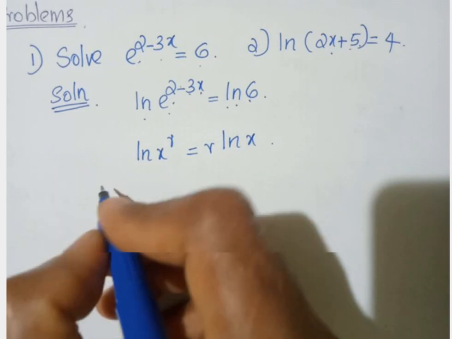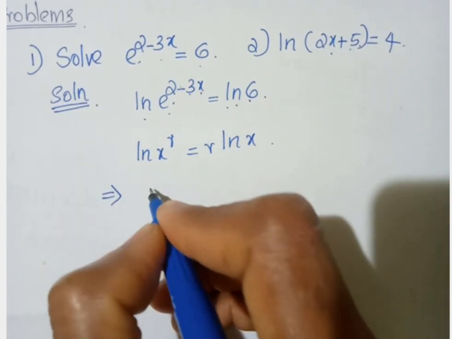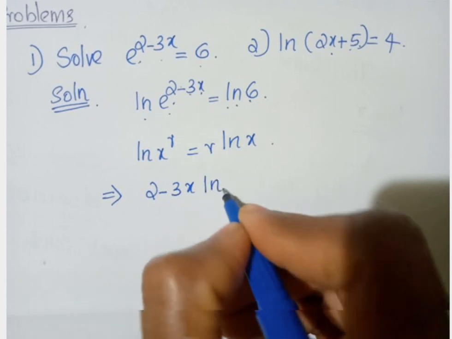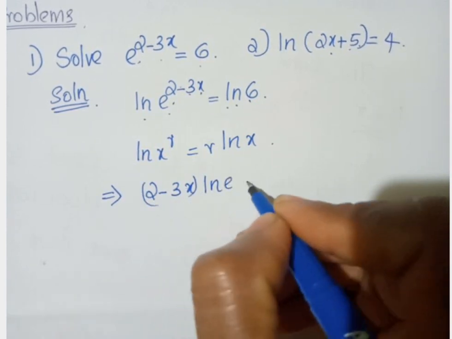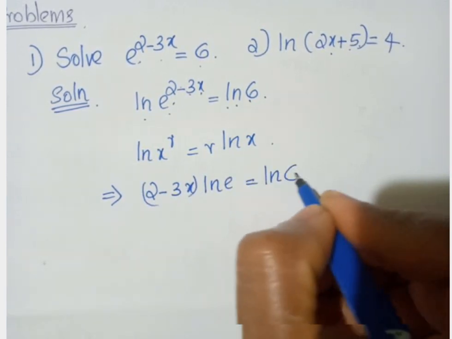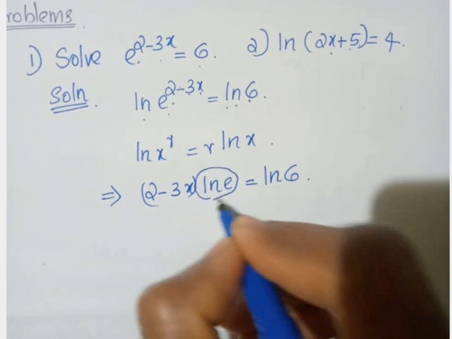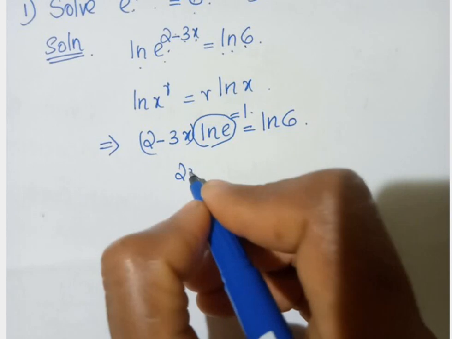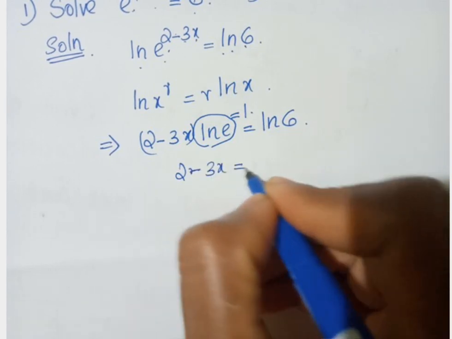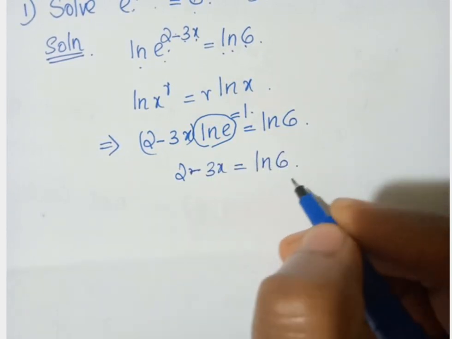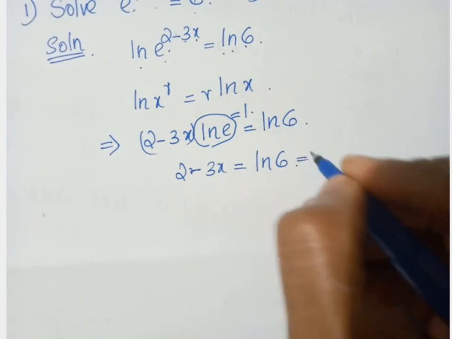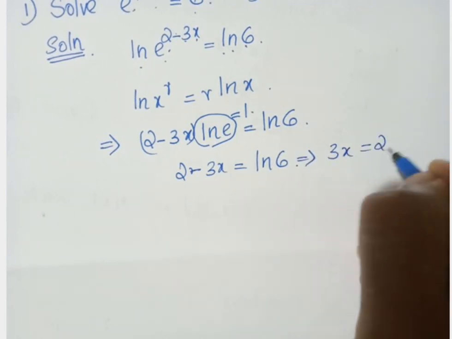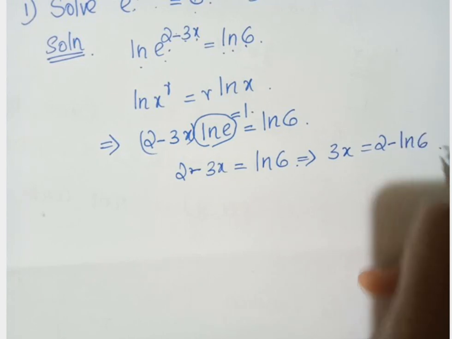So this is 2 minus 3x into ln e, which is equal to ln 6, and we know ln e is equal to 1. So 2 minus 3x is equal to ln 6, which implies 3x is equal to 2 minus ln 6.